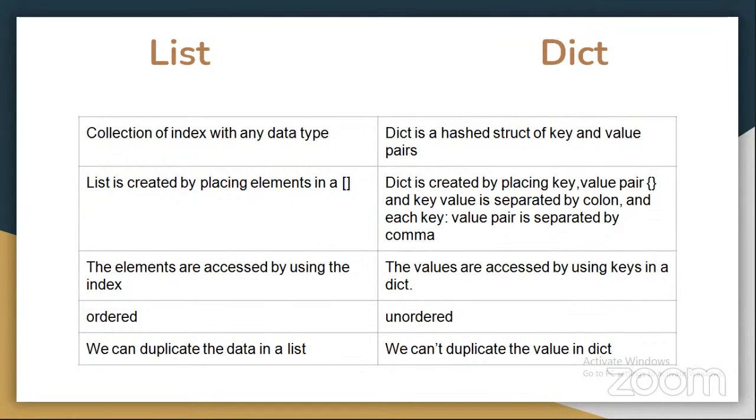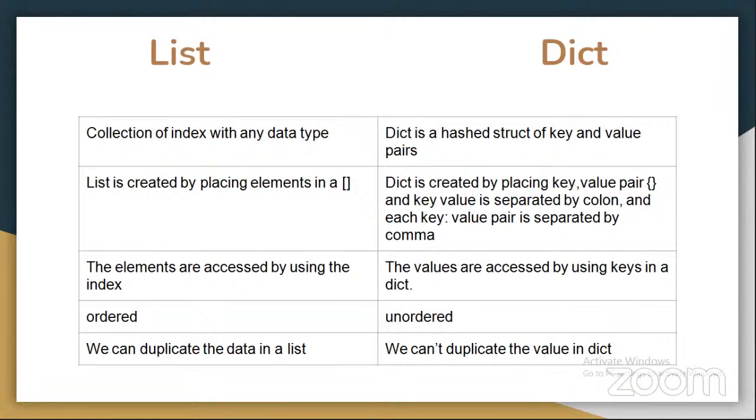And dictionary has the structure of key and value pairs. In dictionary, we are having keys and values for easy accessing of data. And list is created by placing elements in square brackets.